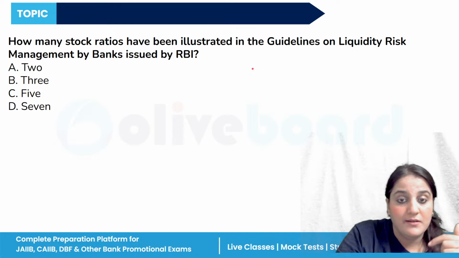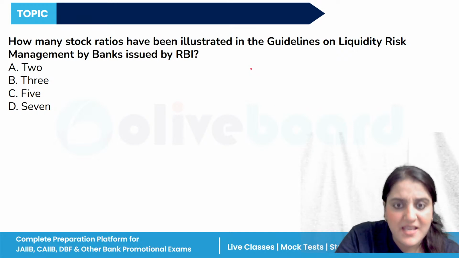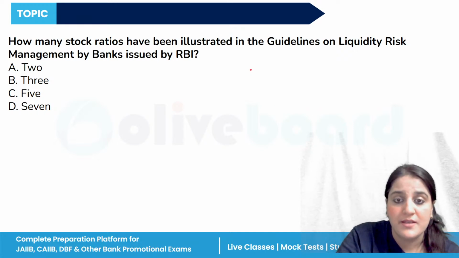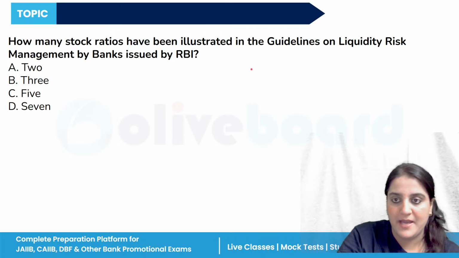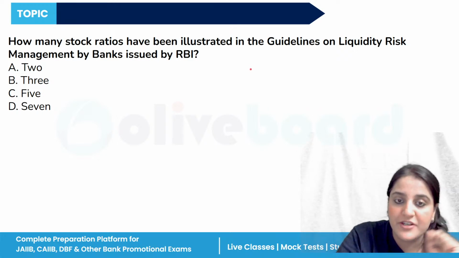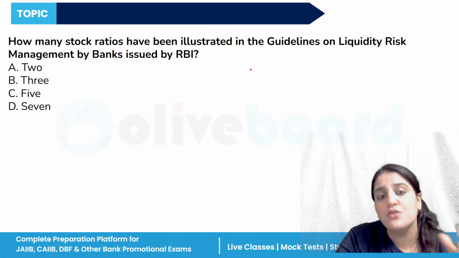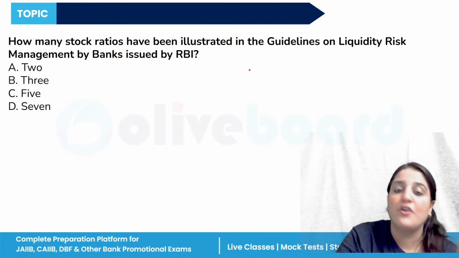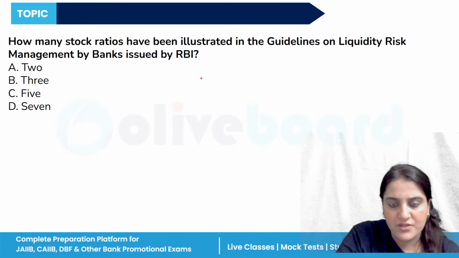These are the critical ratios in the opinion of RBI in respect of liquidity risk management and also carry significance for the banks. What ratios are these?